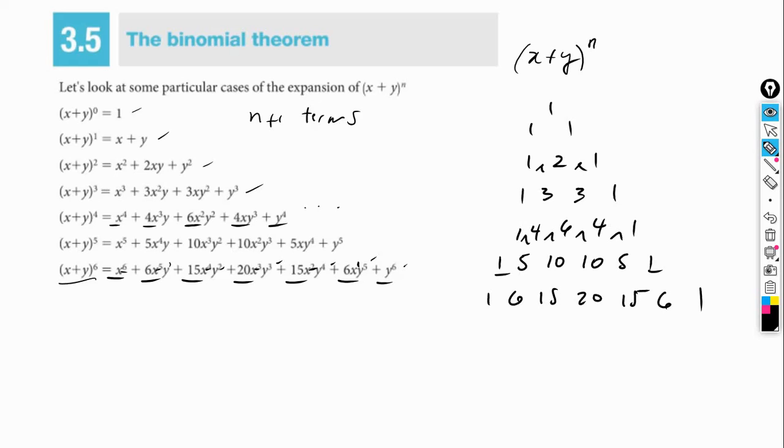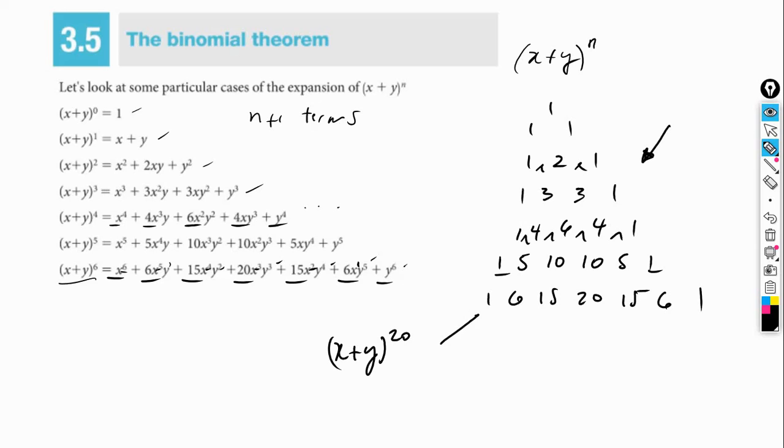Well, what we see here is what's called Pascal's triangle. And the interesting thing is that you can recursively find the coefficients of the next expansion by adding the terms of the previous expansion, just like we did. But there's a problem. What happens if we have, say, x plus y to the 20?